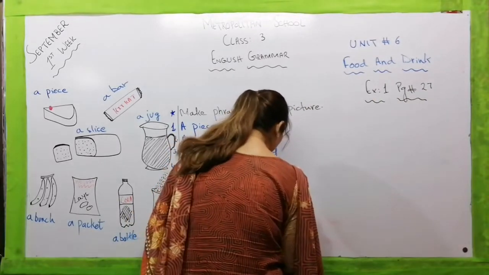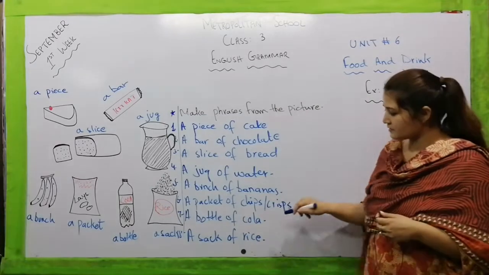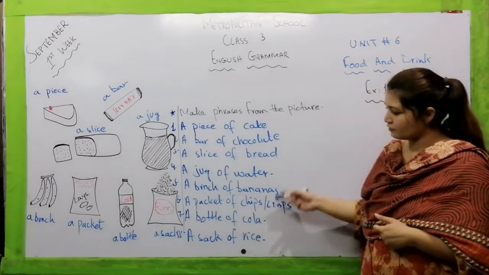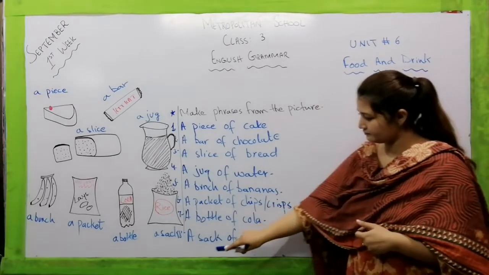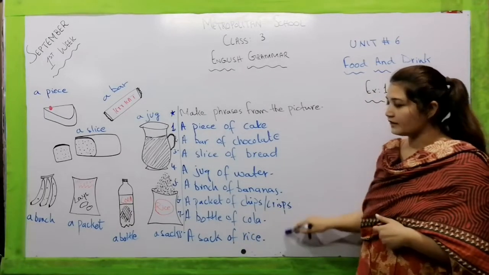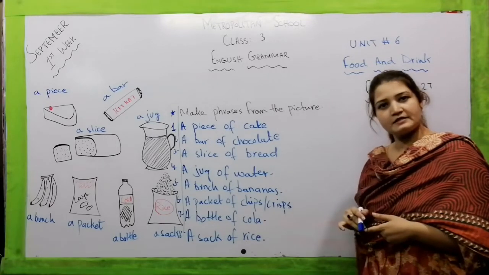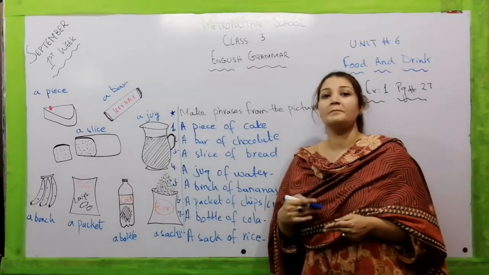You can use both words because in your book, on the packet of the chips, crisp is written, so you can use both words. A bottle of cola, a sack of rice. So all these groups of words are called phrases. A phrase is a group of words which is used to make a sentence more meaningful.